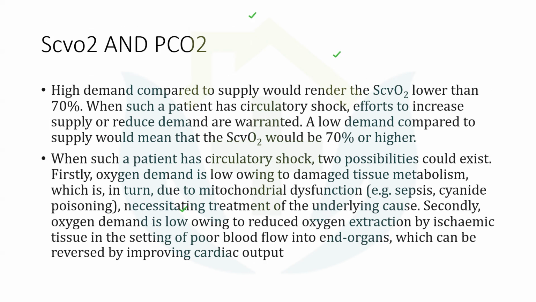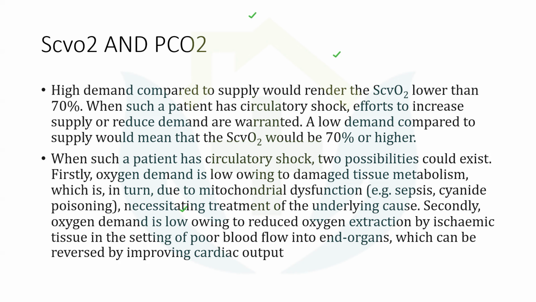Now, high demand compared to supply would render the ScvO2 lower than 70%. When such a patient has a circulatory shock, efforts to increase supply or reduce demand are warranted. A low demand compared to supply would mean that ScvO2 would be 70% or higher. So normal ScvO2 is 70%.